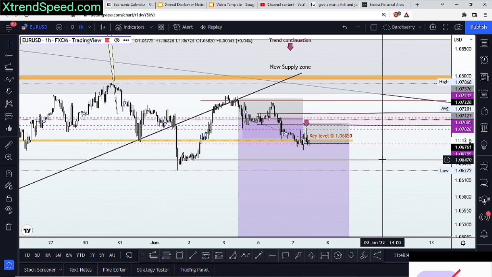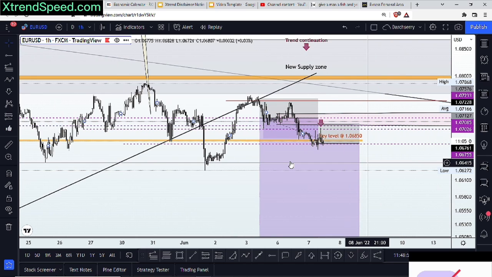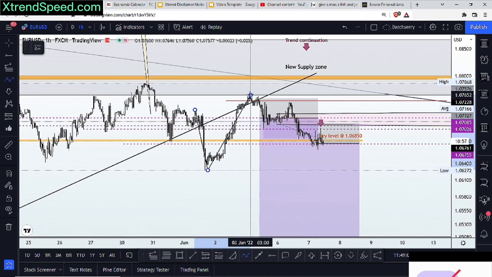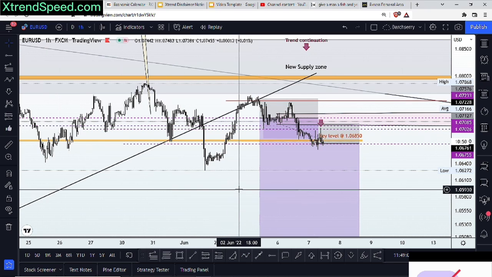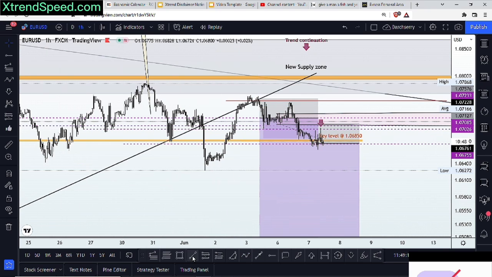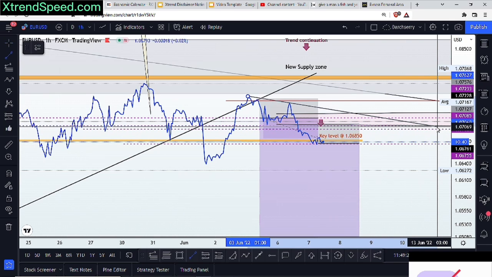Well, I'm seeing something now, looking closely into what is happening. Since the breakdown of that bullish trend line here and the retest of the trend line, we can see price continue to find lower lows and lower highs. However, there is a possibility for us to draw a bearish trend line connecting the two highs at this point, and this could also be a yardstick going into the New York session.